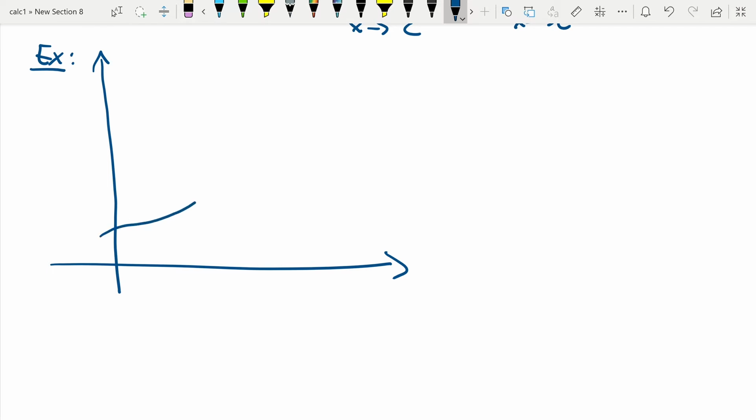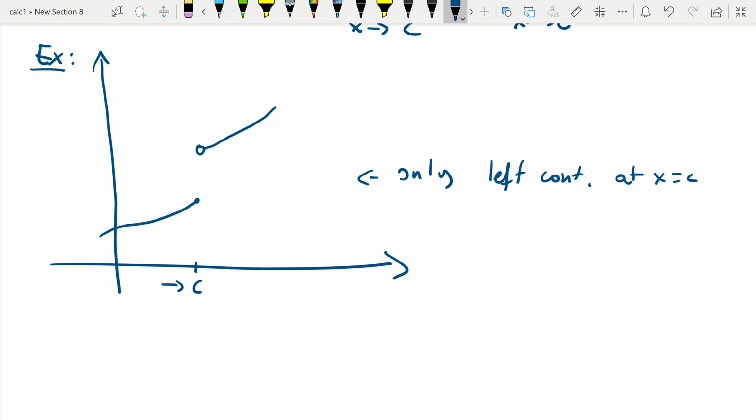So let's suppose we have a graph like this. So this is the number c. And for this particular function, we see that the left-hand limit is actually equal to f of c. So it will only be left continuous at x equals c.